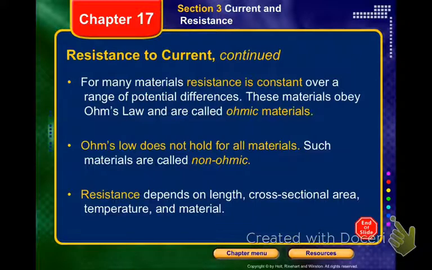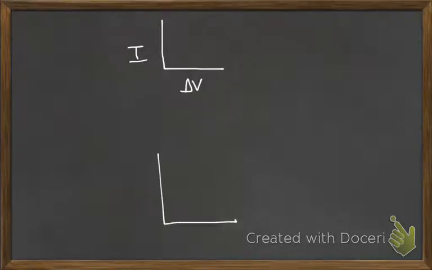Before we get to the video that we're going to look at, if you were to graph this information, looking at two different graphs. What's our symbol for current? I. And what about potential difference? Delta V. And then we're going to look at current and potential difference again.